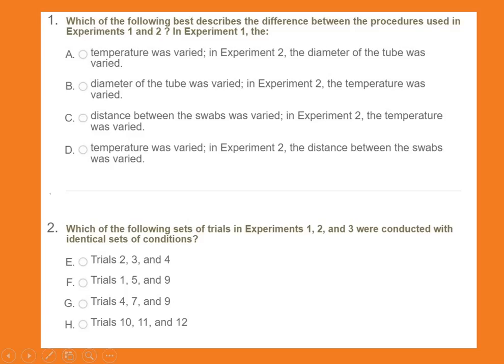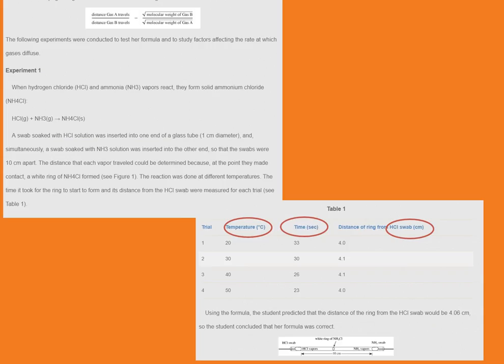So question number 1. Which of the following best describes the difference between the procedures used in experiments 1 and 2? In experiment 1, so we've got to figure out what's going on in experiment 1. We're going to go back to experiment 1, text, swab, HCl solution. Notice we're skimming here. The reaction was done at different temperatures.